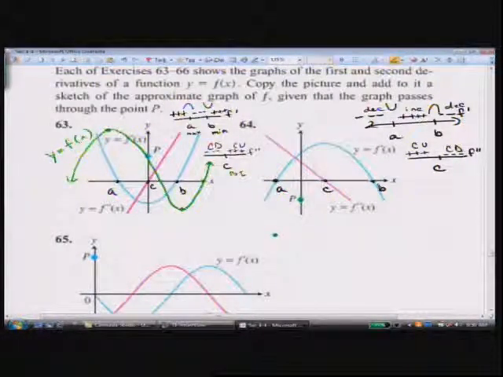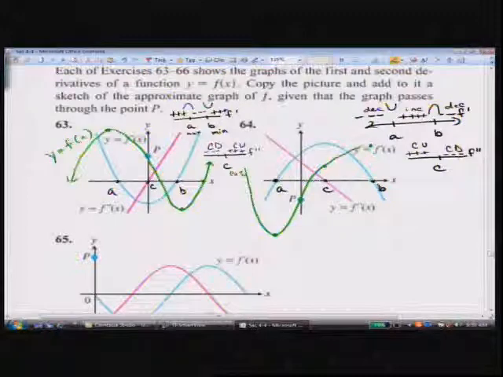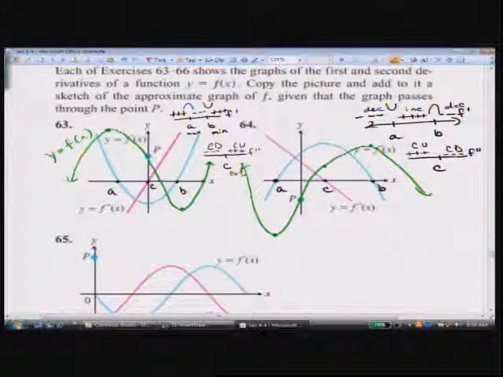At C, I have to change concavity. So maybe I'll do that around here somewhere. And then at B, I have to have a max. Okay, and so I'm saying, let's just do this. And then I've got to change concavity. Something like that could be my first derivative.